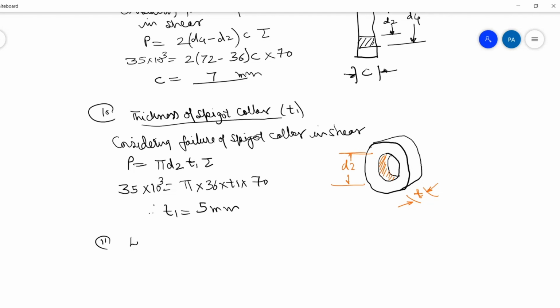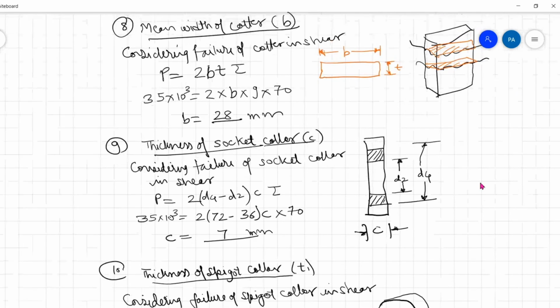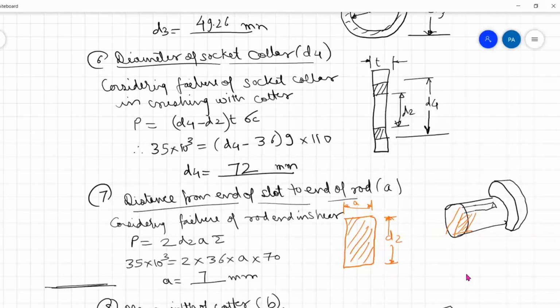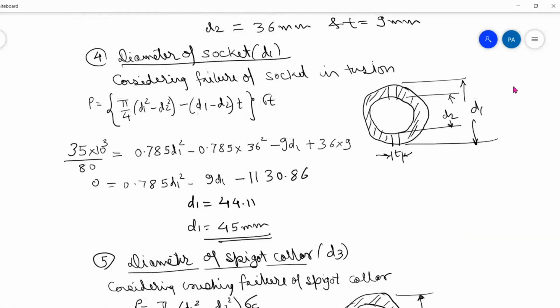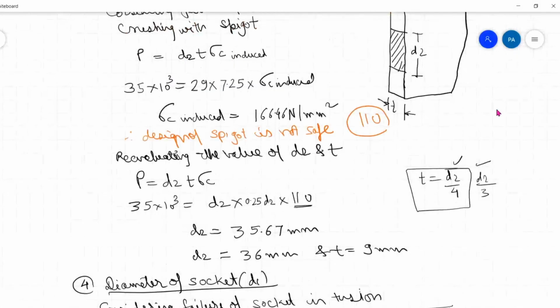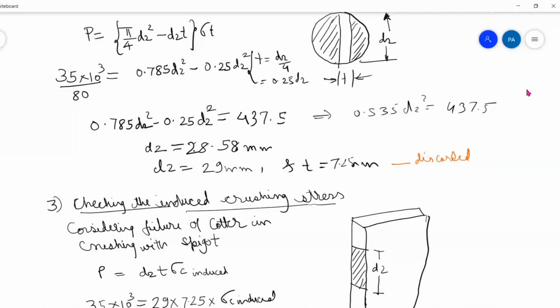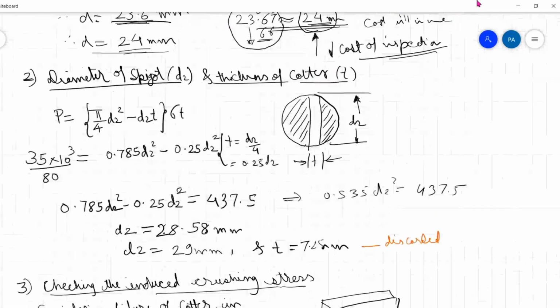And lastly, we can write length of Cotter L equal to 4D, where D is the diameter, the shaft or rod diameter, 24 mm. Correct.